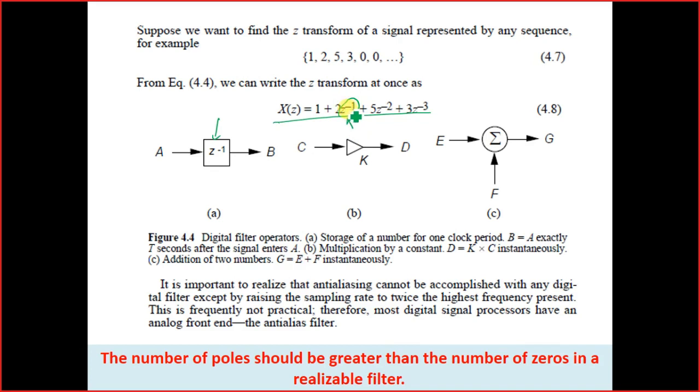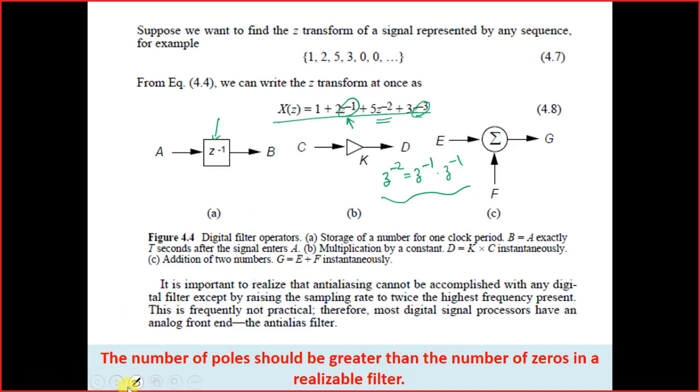Then in the next component it is Z to the power minus 2. So what is Z to the power minus 2? Z to the power minus 2 is given by Z to the power minus 1 multiplied by Z to the power minus 1. So there are 2 delays, right? Then similarly, if you go further, we will be having 3 delays.